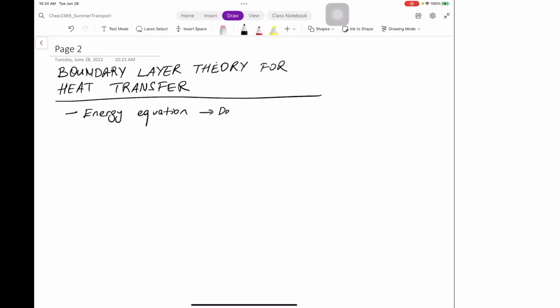We're going to derive this from a shell balance. Okay, so this is the energy equation for the boundary layer thickness.